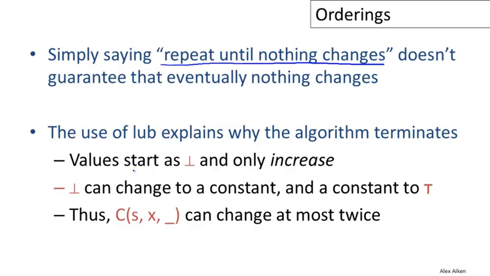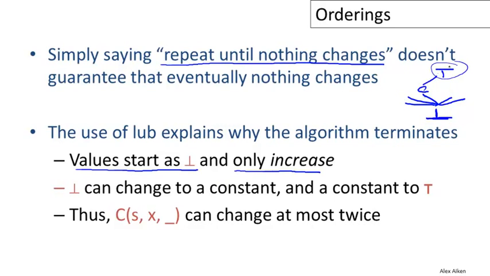Remember that at every program point except the entry point, the values start as bottom, the lowest place in the ordering. If you look carefully at the rules, it's easy to see that they can only make the values increase at a program point. Bottom can be changed at a given program point up to some constant, and another update could raise that constant to top.